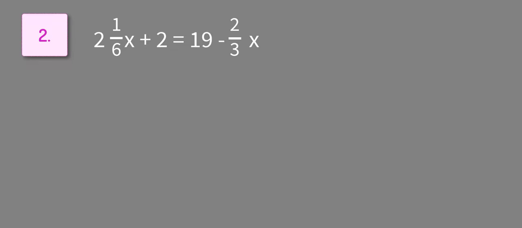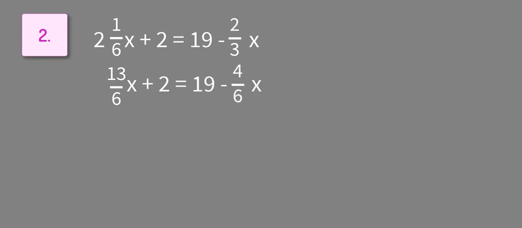But our first step is to change this mixed number coefficient into an improper fraction. So 6 times 2 is 12, plus 1 is 13, so we have 13/6x plus 2 equals 19 minus 4/6x.